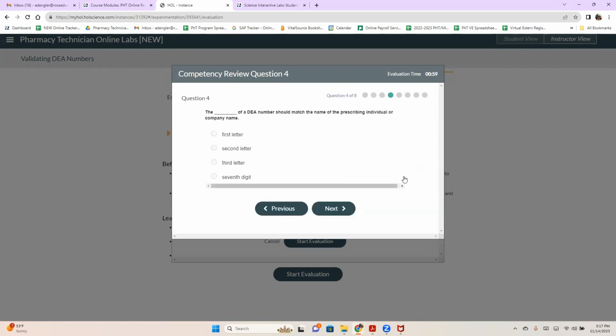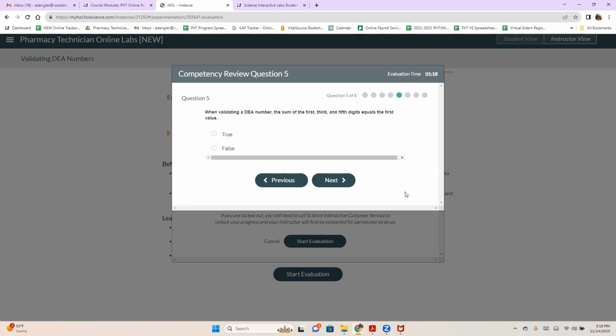The blank of a DEA number should match the name of the prescribing individual or company name. And that is going to be the second letter. So remember, the first letter is just determining if they're the right prescriber type. And the second letter is the first letter of their last name. When validating a DEA number, the sum of the first, third, and fifth digits equals the first value.